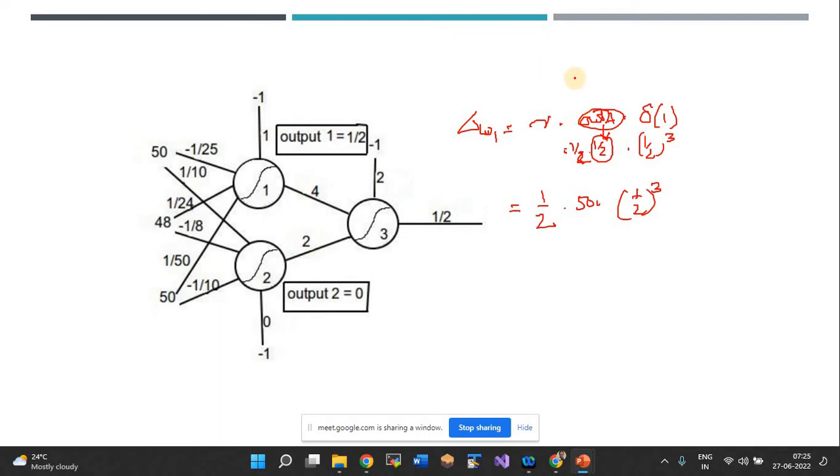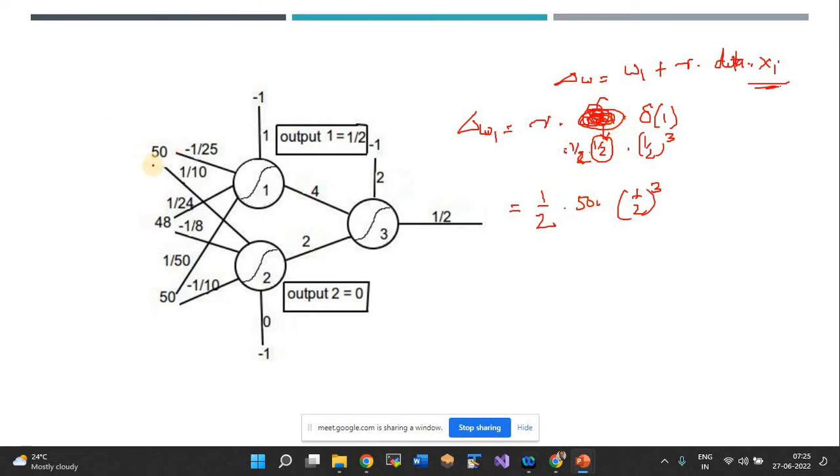The change in W1 was W1 plus learning rate times delta times xi. Remember, delta times xi. This xi was what was missing; I left it out here.